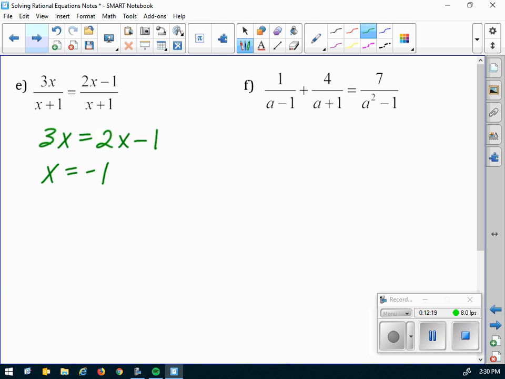Which does not work because what does it do? It makes the denominator 0, which makes the fractions undefined. So you're going to say no solution. There is not a solution.